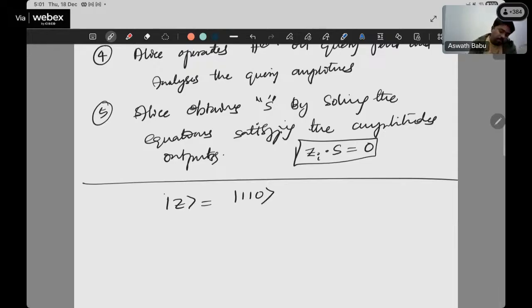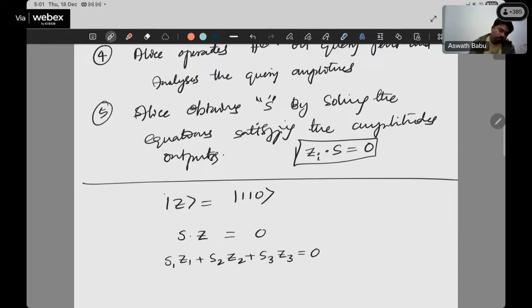Okay, so I got my equation: s dot z is equal to 0, which means s1 into z1 plus s2 into z2 plus s3 into z3 is equal to 0.